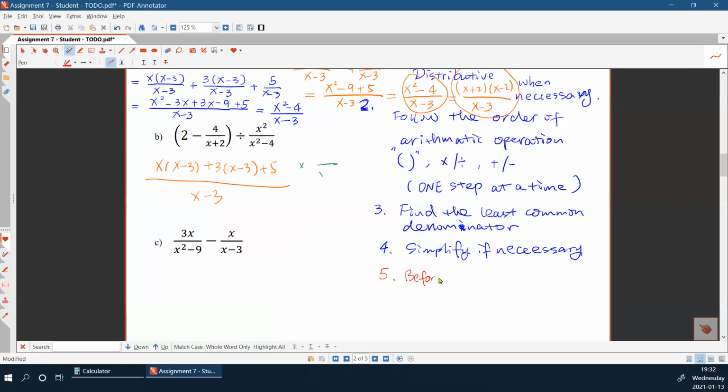Before canceling, rewrite both numerator and denominator in factored form. What does this mean? Factored form means a product.